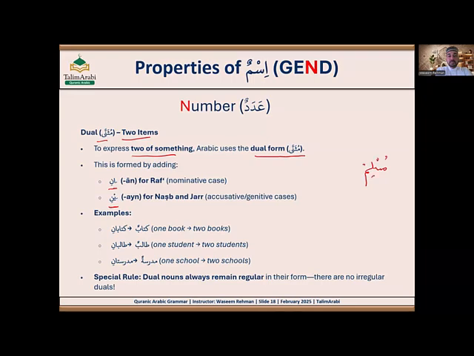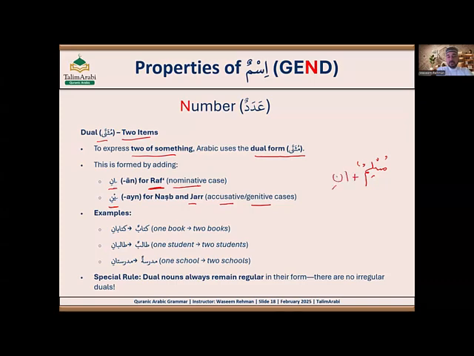Muslimun, that's our mufrad, our singular ism, a Muslim. If I want to make dual, like two Muslims, for rafa condition, rafa in English is nominative, nasb is accusative, and jar means genitive. These are just English translations. If an ism is in rafa status and you want to make it dual, like two Muslims, you add ani at the end: alif, noon, kasra, ni.